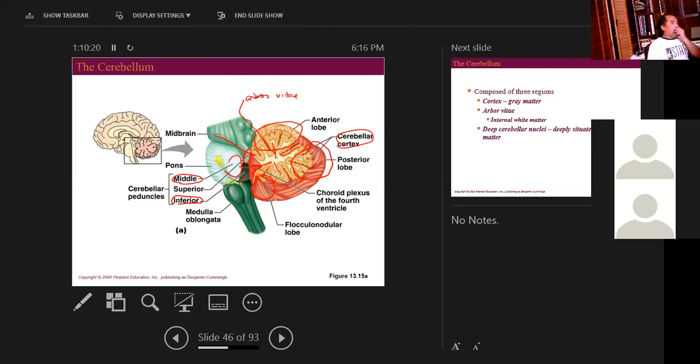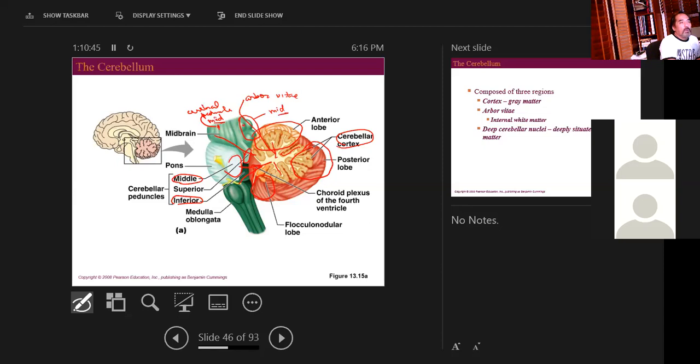Okay. All right. So if you're wondering, this is the cerebral peduncle of the midbrain. I'm just going to put MID, means midbrain. And then at the back of that, these are your corpora quadrigemini of the midbrain.